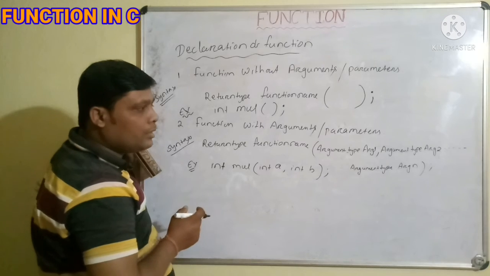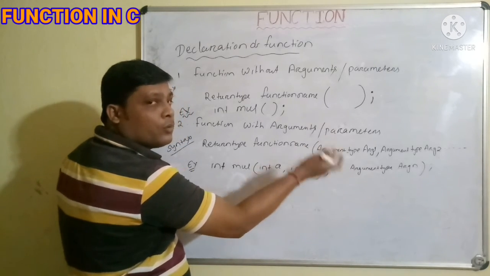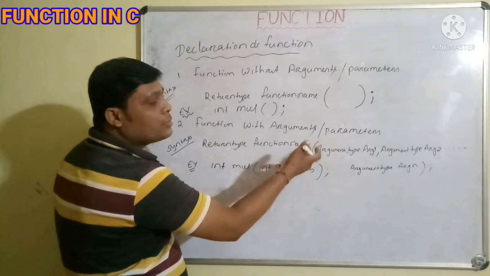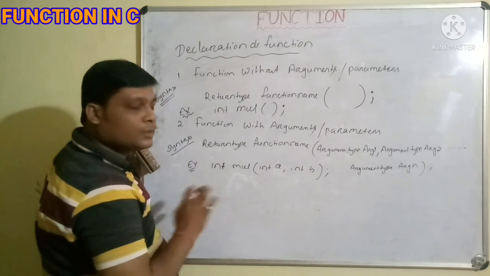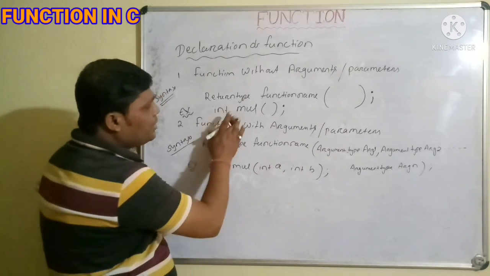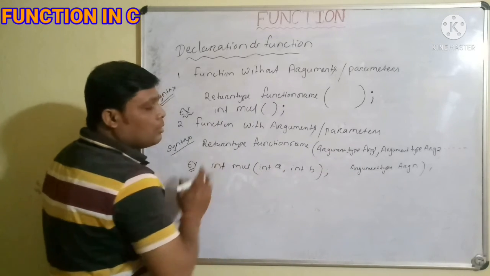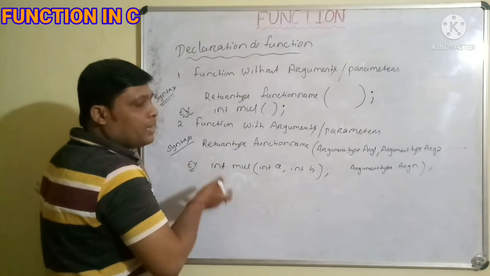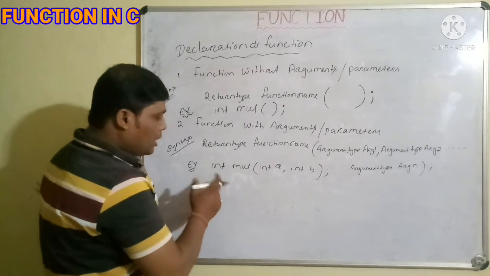Primitive data type means integer, character, float, double. Or any user defined data type like structure, union, enum. So any primitive or user defined type, you can pass as a function argument, or you can return.